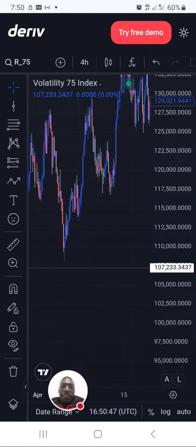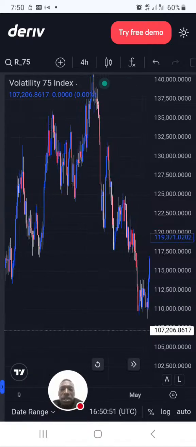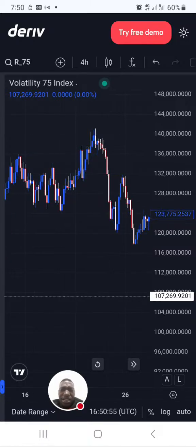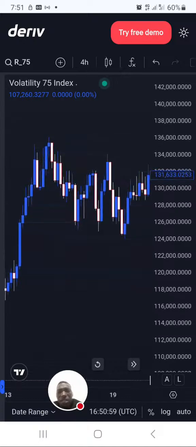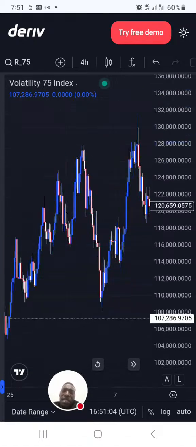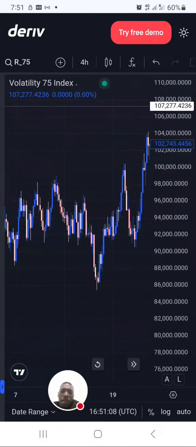Now, if you can see this H4 very well, how do you understand that this asset moves like this? Do you see how you can move the charts like this, and how this pair behaves? Are you getting the point?